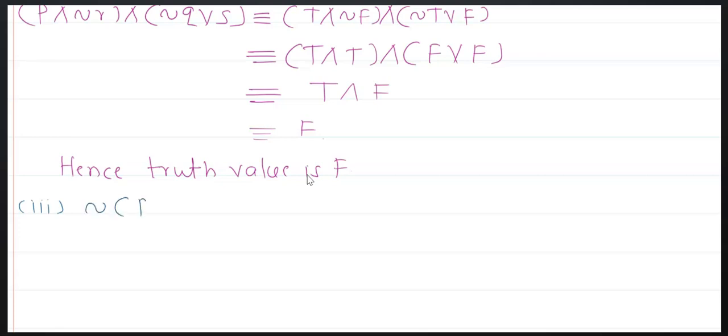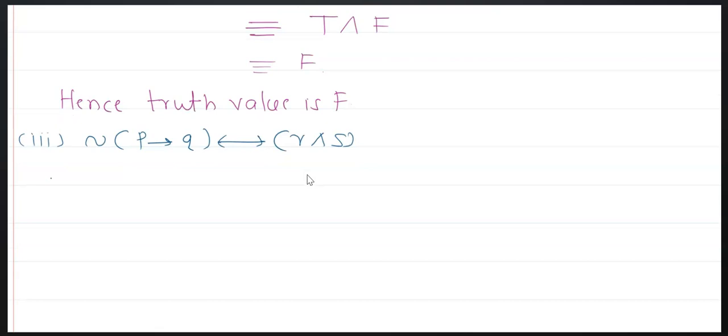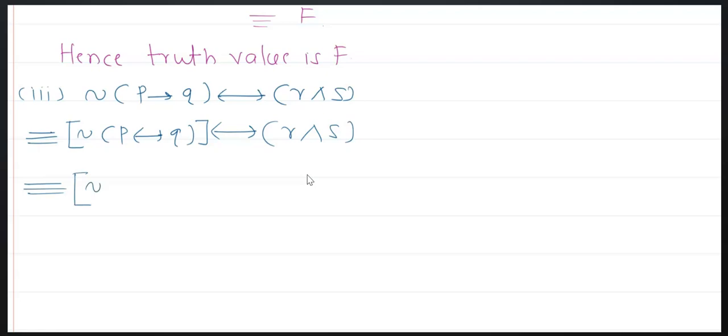Next is third. Negation of P implies Q, double implication R and S. Now here is a negation.